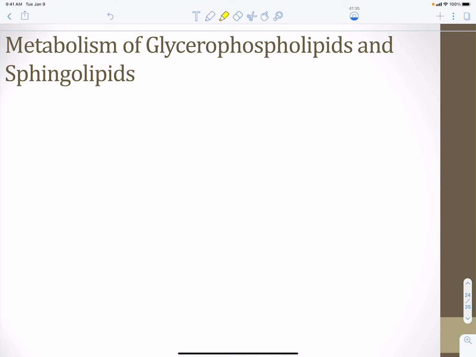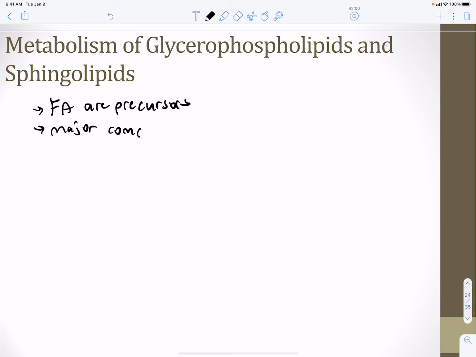Okay, so now with respect to how these are all made, again, fatty acids are going to be the precursors for all of these. Whether you're a glycerol phospholipid or a sphingolipid, you are a major component of cell membranes. Glycerol phospholipids are also going to be part of the blood lipoproteins, bile, and lung surfactants.